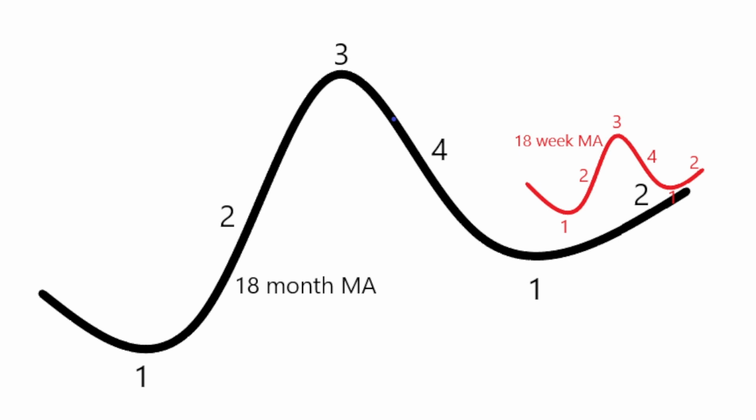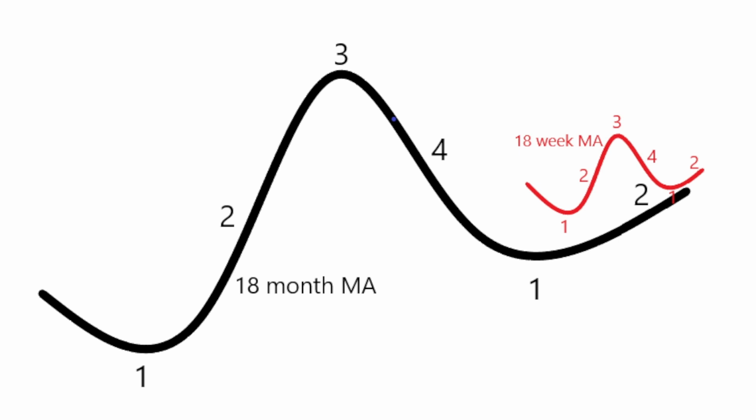So in black, I've got the 18-month, the black line sort of showing us what that would be taking place on a monthly chart, how we'd see the 1, 2, 3, 4, and then we get another bottom, a new basing stage, and then we start a new uptrend at the end. And if you look at the red line, there's a miniature version of what's taking place on the bigger time frame on the weekly.